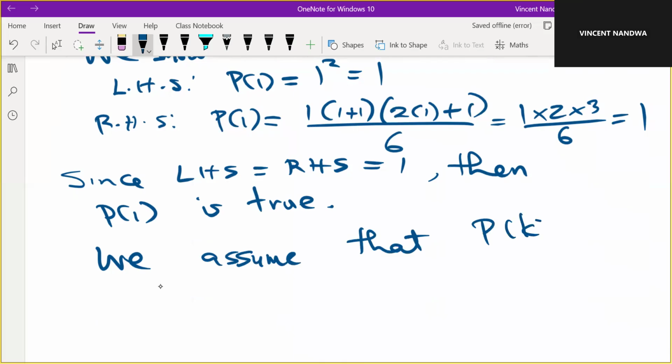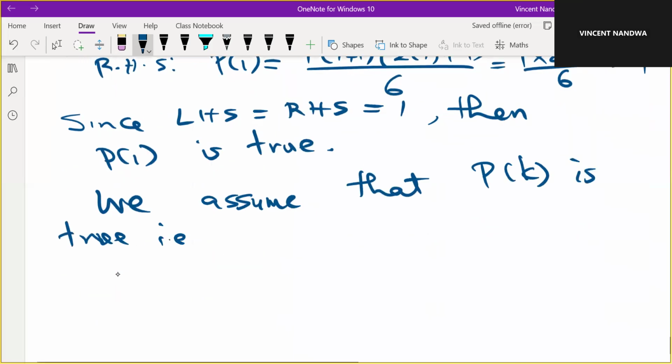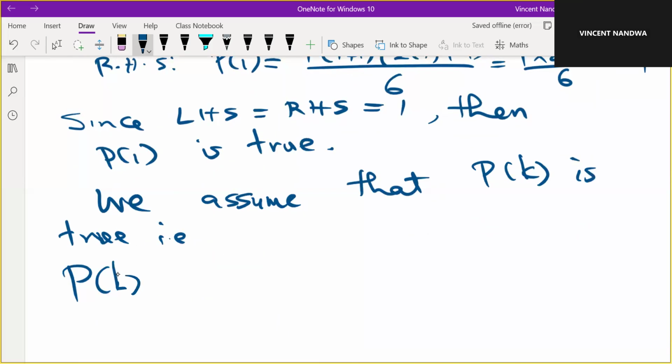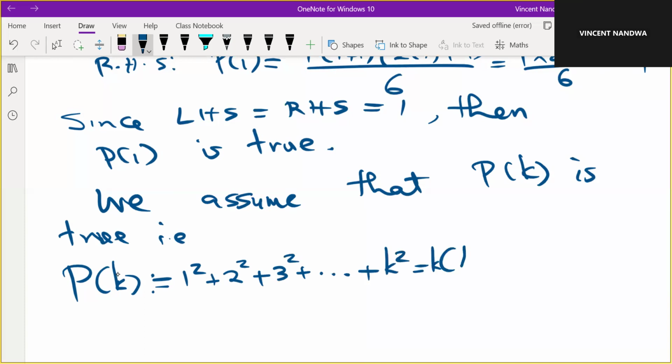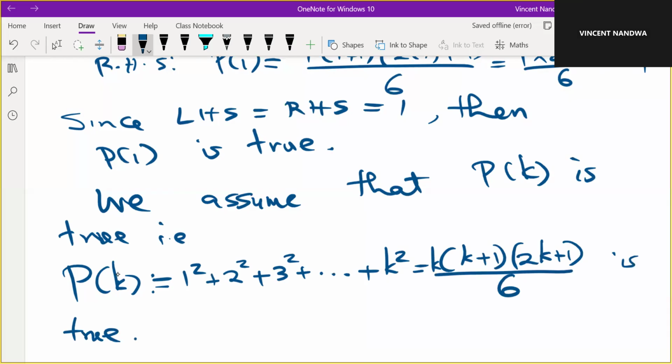I.e., P of k will be 1 squared plus 2 squared plus 3 squared all the way up to k squared should give us k into k plus 1 into 2k plus 1 over 6. So that one, you just make that assumption. We are writing the same statement, but where we had n, we put k. So once we have that one, what should we prove?